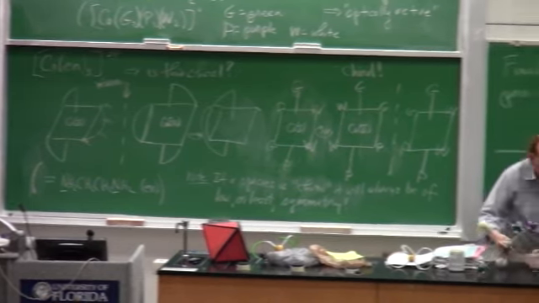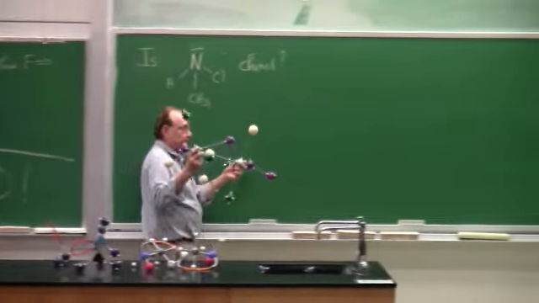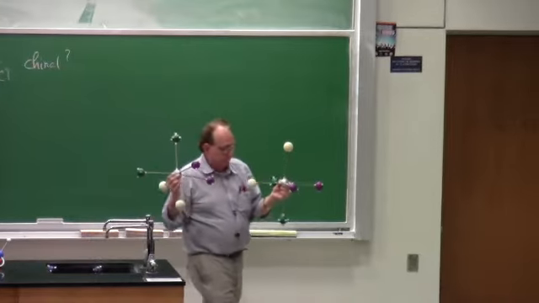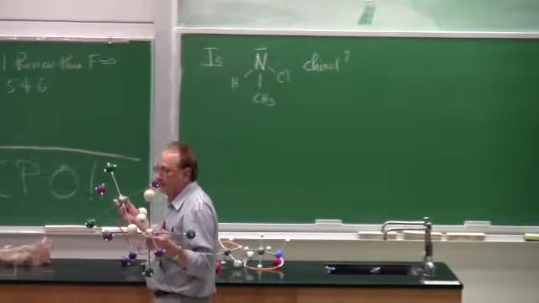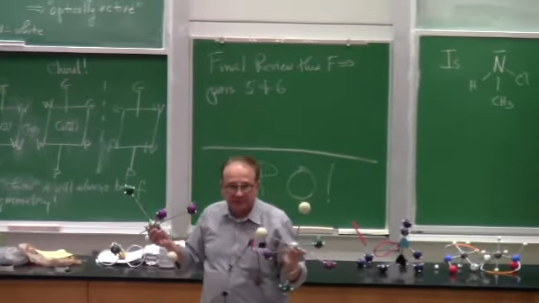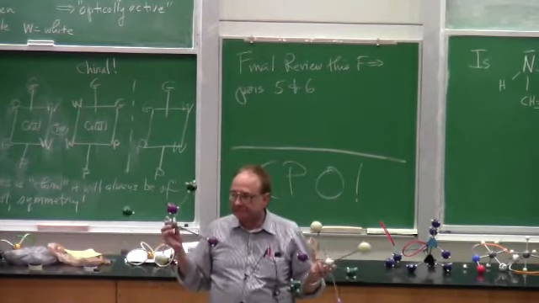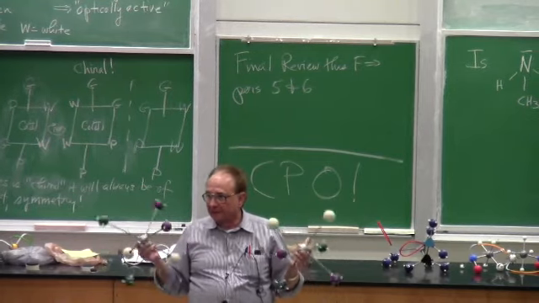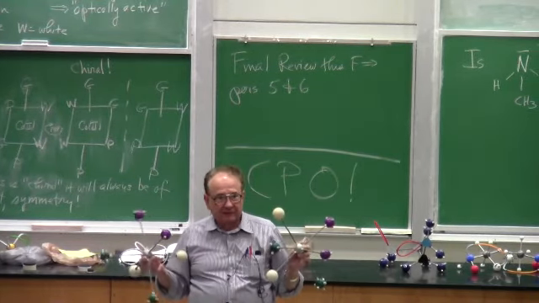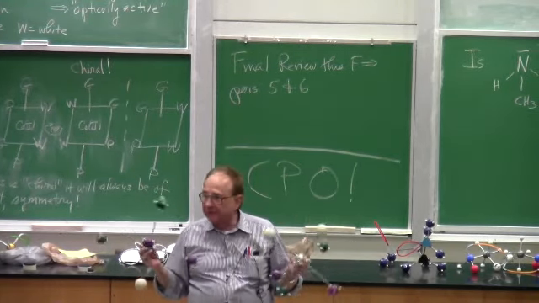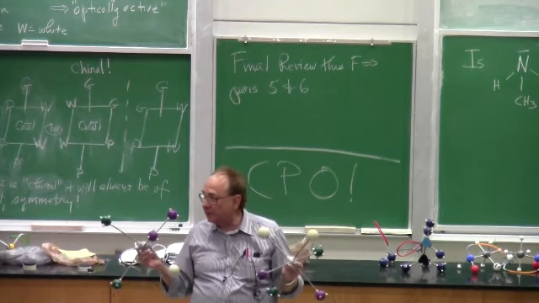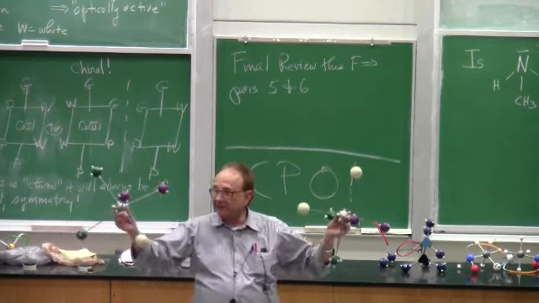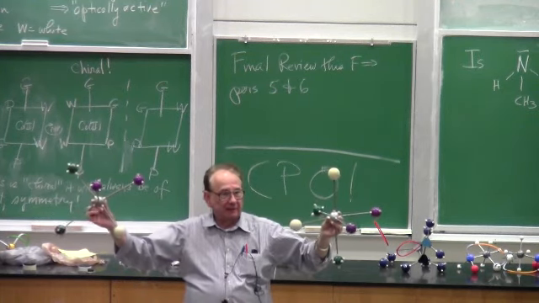I'll show you with models. Two models. Clearly in the complex that we're discussing. So each model consists of two purple ligands, two white ligands, two green ligands, and each set of like ligands are cis with respect to each other. Are these the same, or are they mirror images?